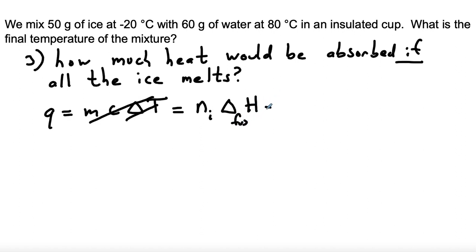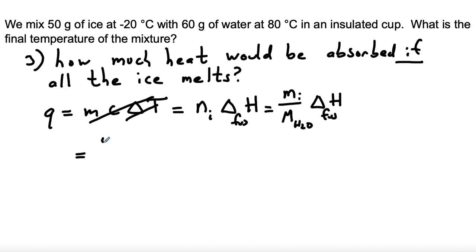And we don't directly have the moles of ice, but we realize we're given the mass of ice. So if we take the mass of ice and divide it by the molar mass of water, that's going to give us our moles of ice. So let's plug those numbers in.